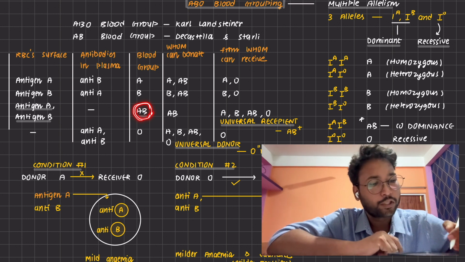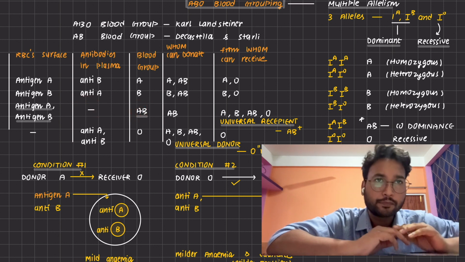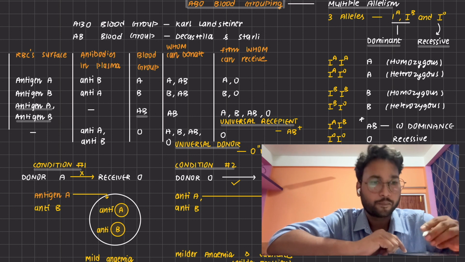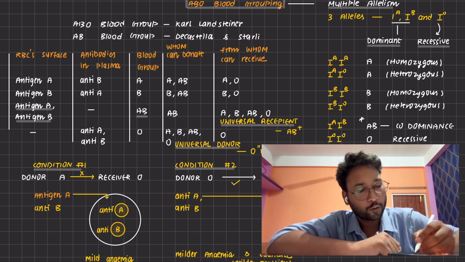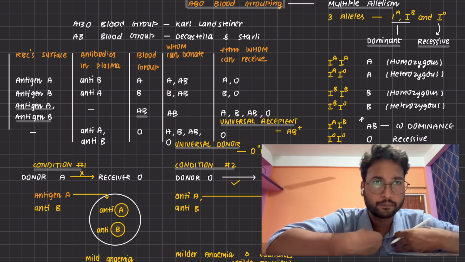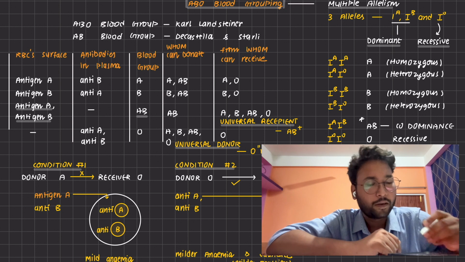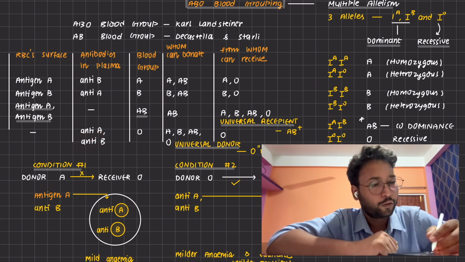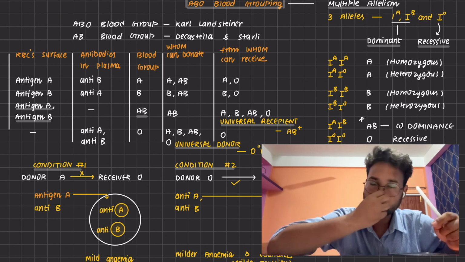Now the question comes: to whom can we donate and from whom can we receive? First things first, let's see condition 1. Suppose the donor, for example me, has blood group A, and I am donating blood to a patient with blood group O. Is it possible?